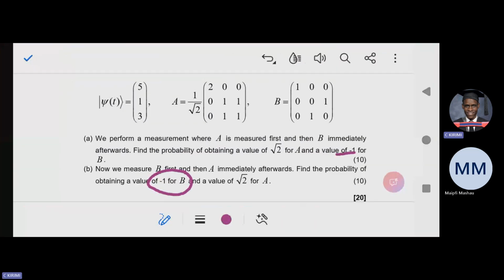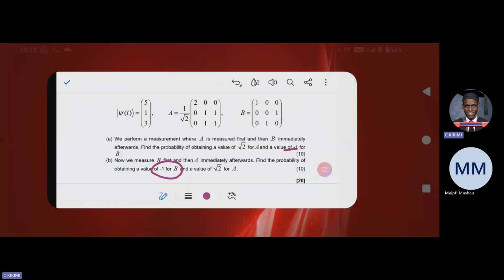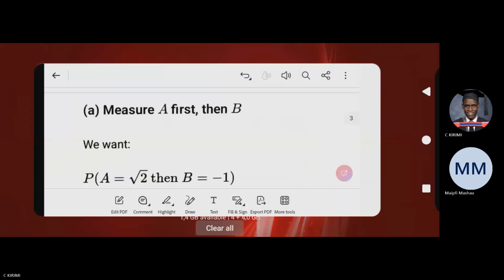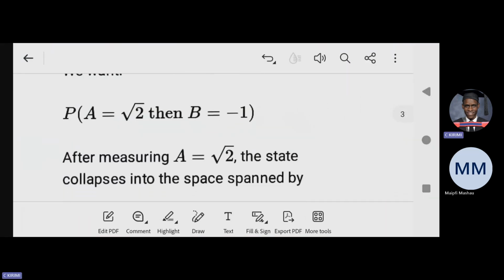We are supposed to find the probability of obtaining a value of root of 2 for A and a value of -1 for B. A is measured first, then B. So we want the probability of A equals root of 2, then immediately B has to be negative 1.